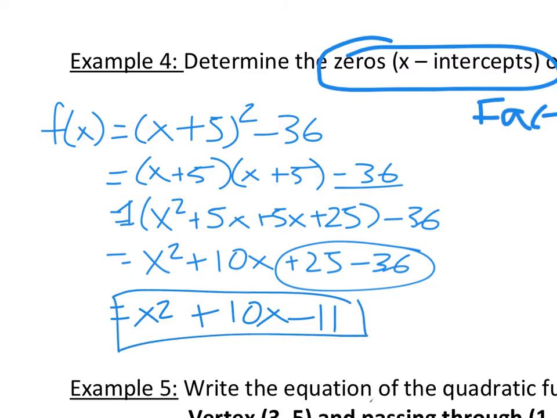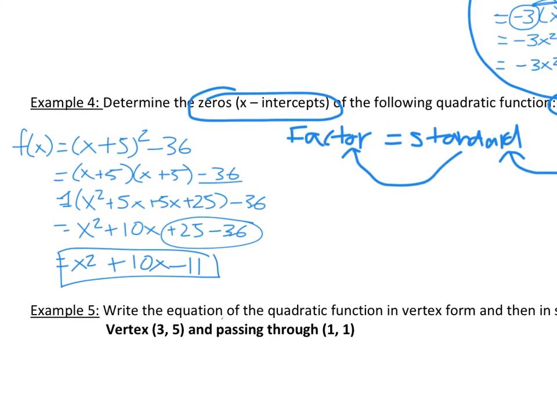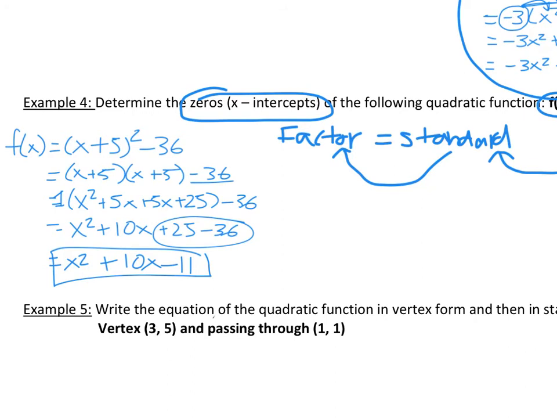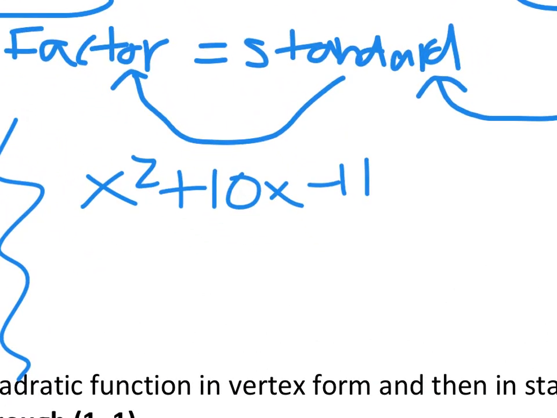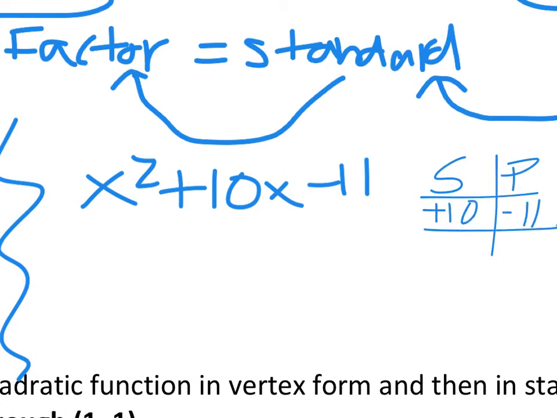Now that this is in standard form, we can convert it into factored form by factoring. So now to factor this, we've got 3 terms here. The first thing that I would try to do always is greatest common factor, but I know I've got a coefficient of 1 at the front there, and I can't take out any x's, so I'm going to use this method of sum and product to make a positive 10 for my sum and a negative 11 when I multiply.